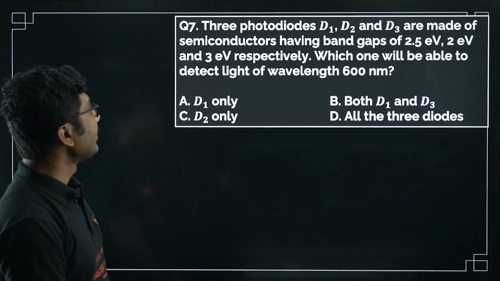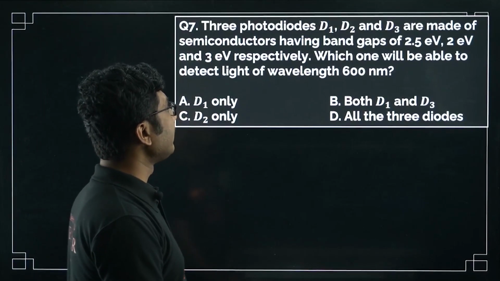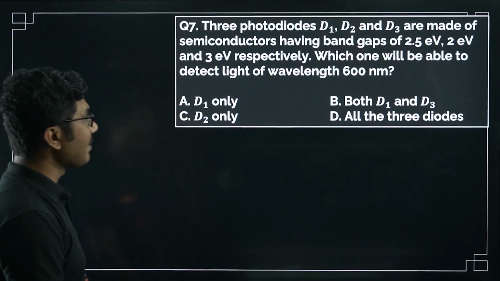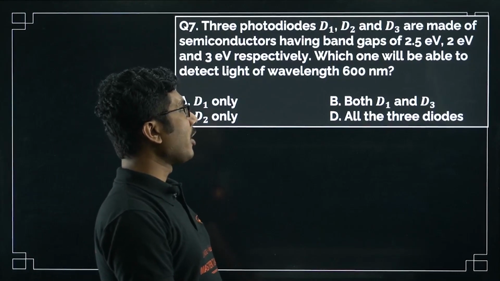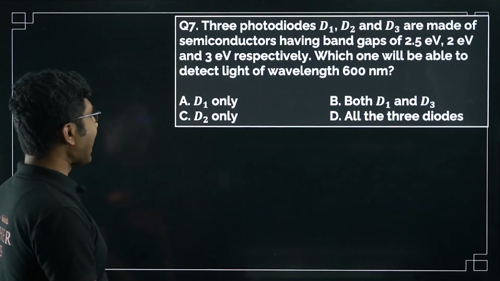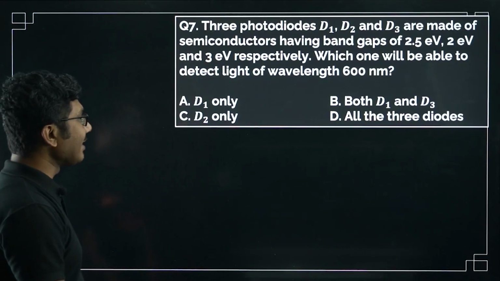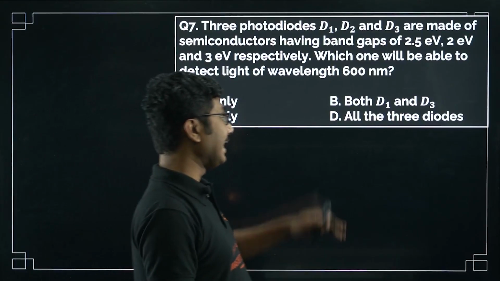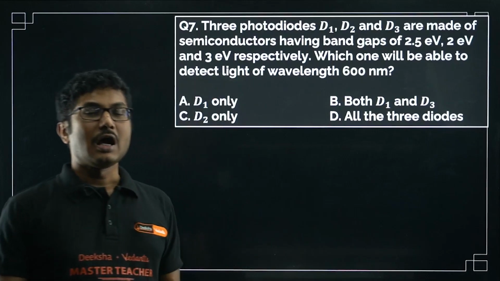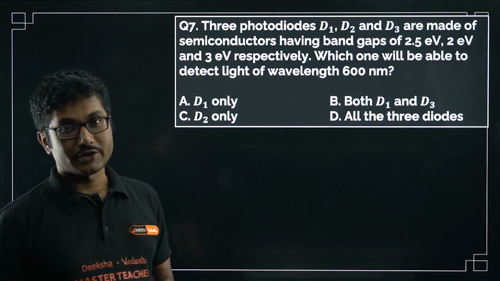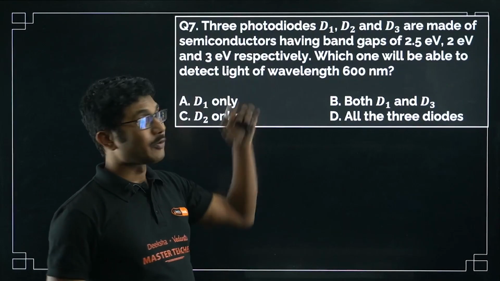Next, 3 photodiodes D1, D2 and D3 are made up of semiconductors having band gaps of 2.5 eV, 2 eV and 3 eV respectively. Which one will be able to detect light of wavelength 600 nanometer? Now again, this is a question which is based on the dual nature of radiation of light. Only the photodiode parts are given.